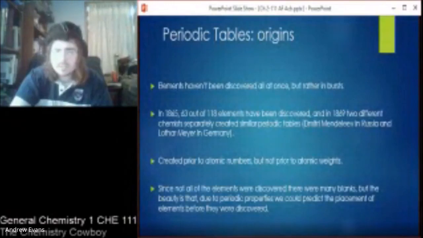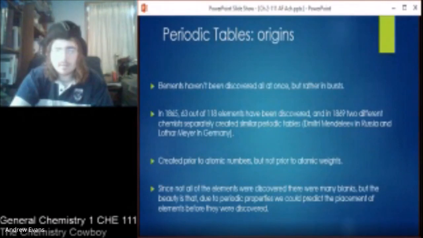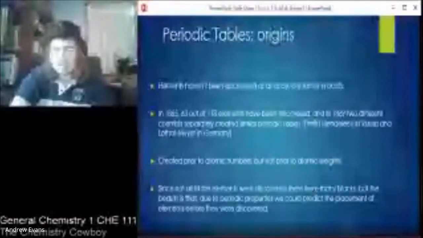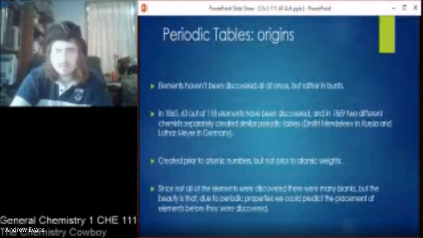If you look at the table, it seems pretty straightforward right now, where going from left to right, top to bottom, numbers are always increasing by 1. You have 1 on hydrogen, 2 on helium, 3 on lithium, 4 on beryllium. Then jumping to boron being 5, carbon being 6, 7 for nitrogen, 8 for oxygen, 9 for fluorine, and so on.